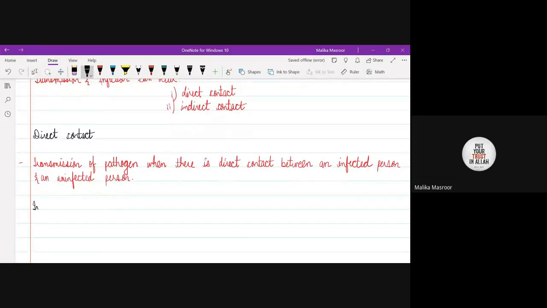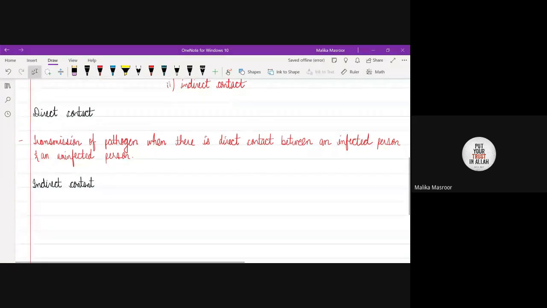Indirect contact. Most pathogens are transmitted indirectly. There are a number of ways this can occur.